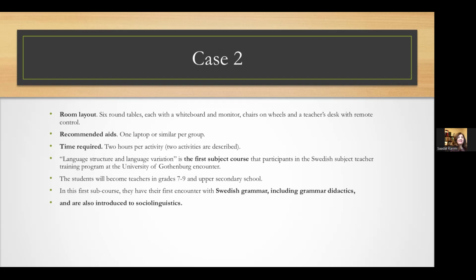Students will become teachers in grades 7 to 9 and upper secondary school. In this first module, they have their first encounter with Swedish grammar, including grammar didactics, and are also introduced to sociolinguistics.